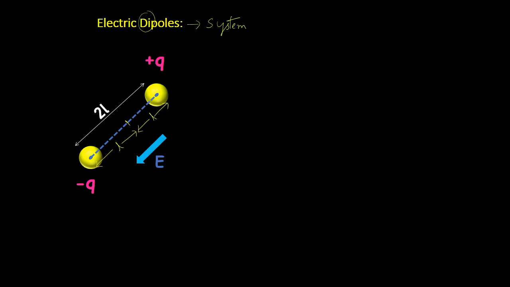It is very interesting to note that every dipole is characterized by a property called the electric dipole moment. It is a vector.